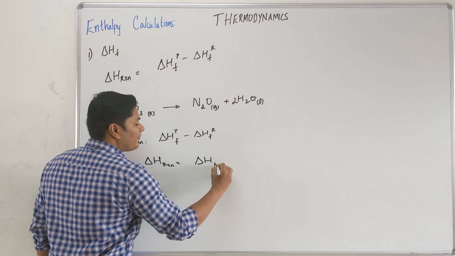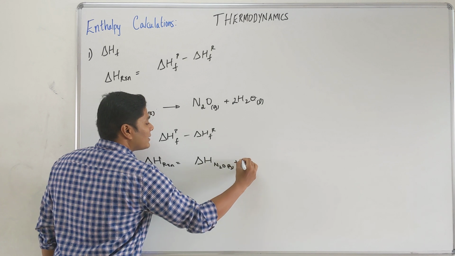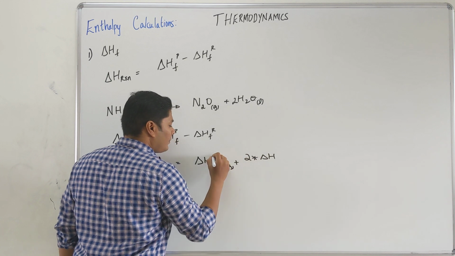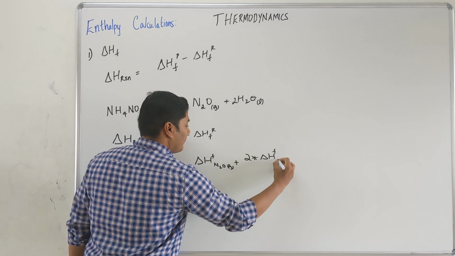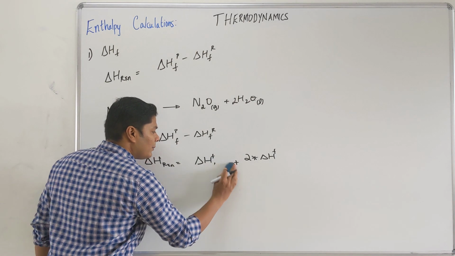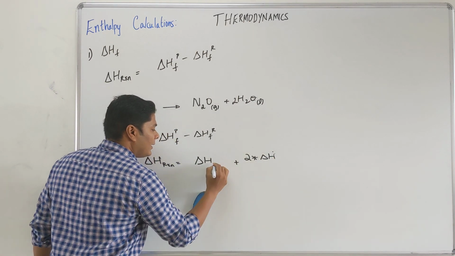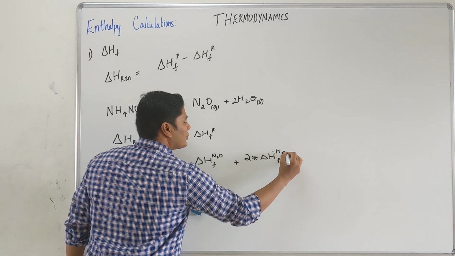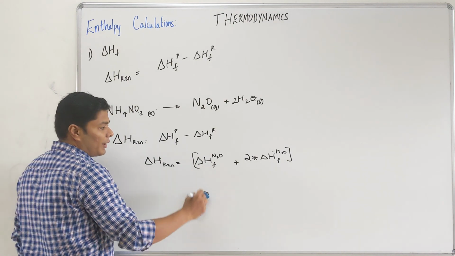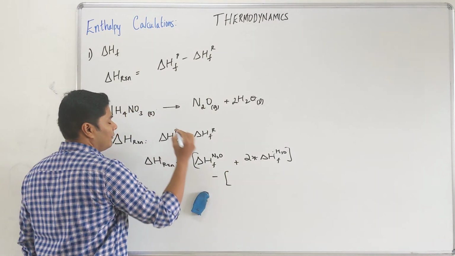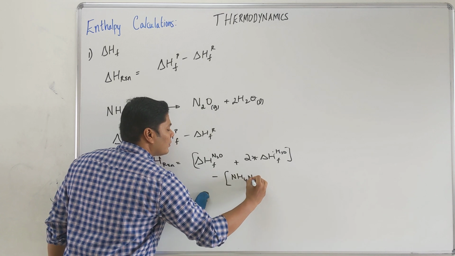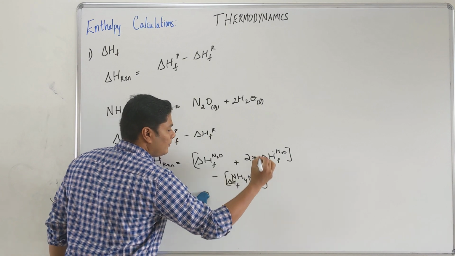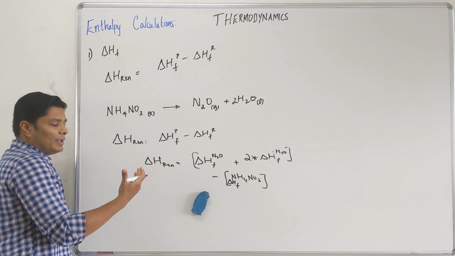So delta H of N2O gas plus there is 2 moles of this, so 2 times delta H of formation of H2O, stick with symbol properly then, delta H of formation N2O, delta H of formation H2O, my product minus my reactant, which is NH4NO3 delta H of formation. Okay, there is only 1 mole. Straightforward, the numbers will be given.